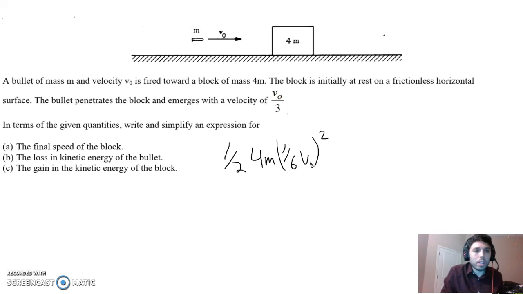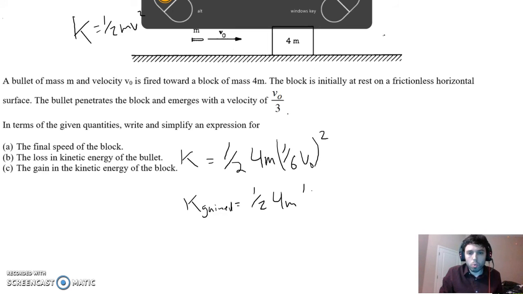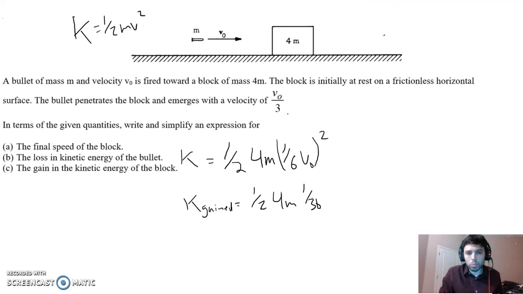Remember, kinetic energy is 1/2 mv squared. So just like before, you've got to square everything in the fraction, not just the v. So this is K gained: 1/2 times 4m times 1/36, because 1/6 squared is 1/36, times v naught squared.